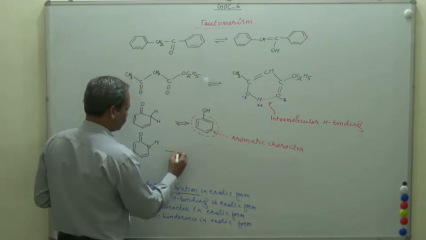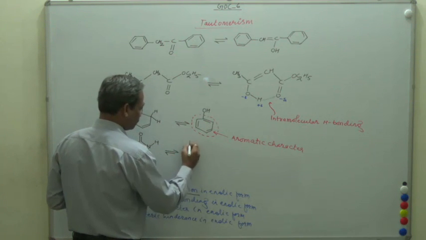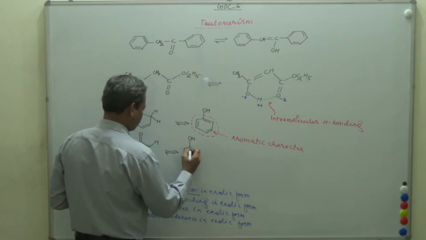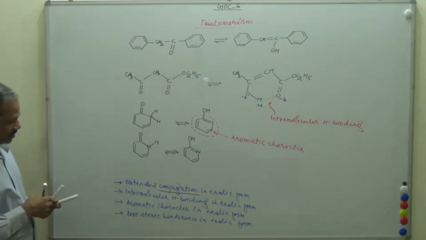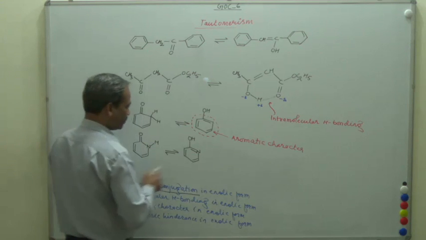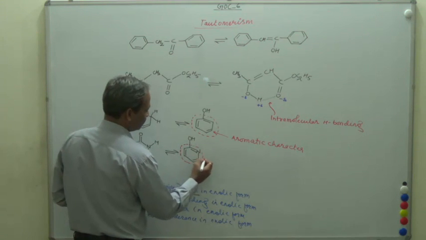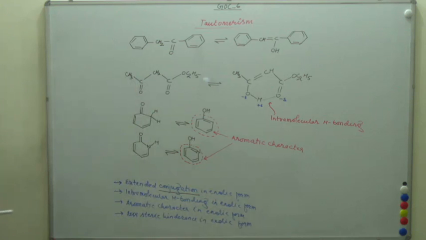So during tautomerization, this structure will form, and here this structure is a benzene type ring, so it is aromatic. A benzene type ring is responsible for aromatic character.